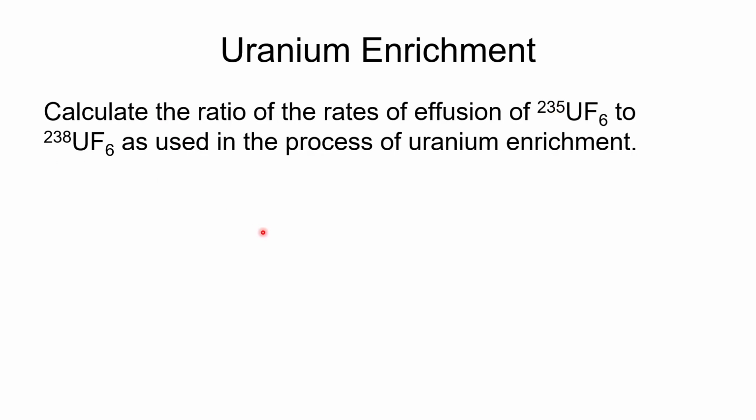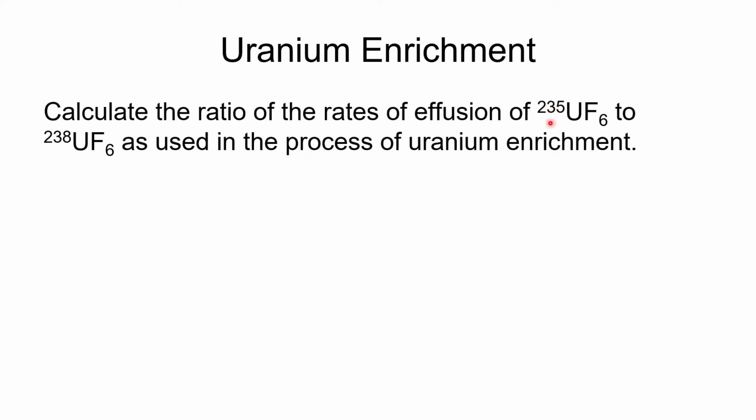Well, if you're going to use uranium for nuclear fuel in a nuclear reactor or nuclear power plant, it's the uranium-235 that's the good stuff. It's the stuff that gives you all that energy. The uranium-238 will give you energy, but not nearly enough to power the nuclear reactor. So you need that uranium-235 to do the fission process.